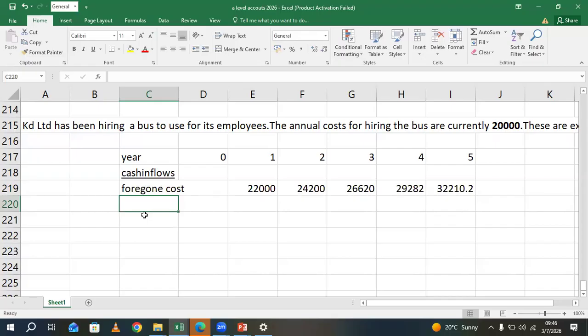Then cash outflows. These are the payments that we are going to be making. So for our cash outflows, we have the initial outlay.